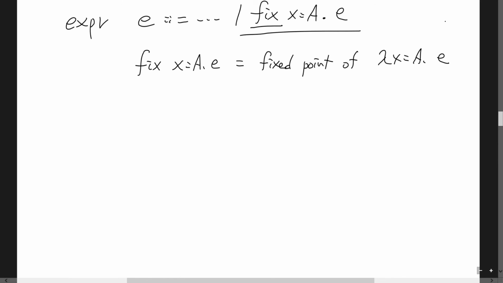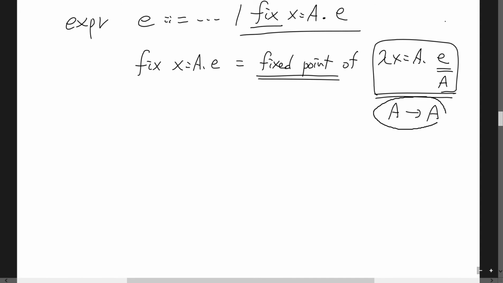So perhaps this expression E has a type A. So the whole lambda abstraction is going to have a type A arrow A. Then the fixed point of this lambda abstraction, or this function, is going to have a type A. Remember that, for example, f of x is 2 minus x.